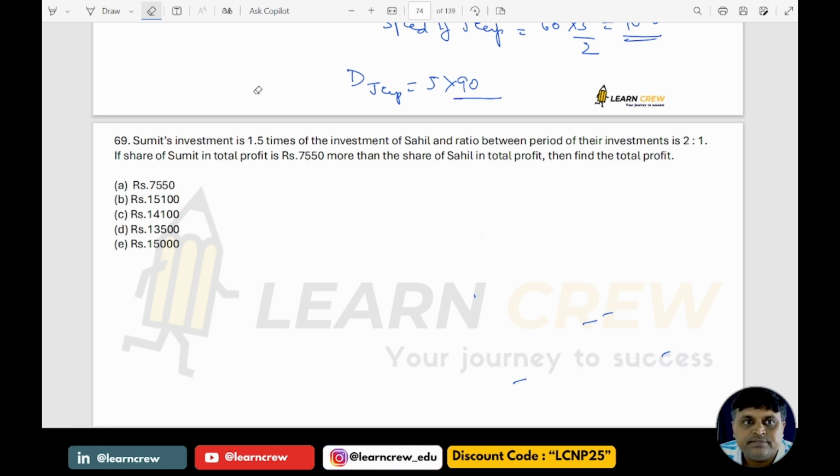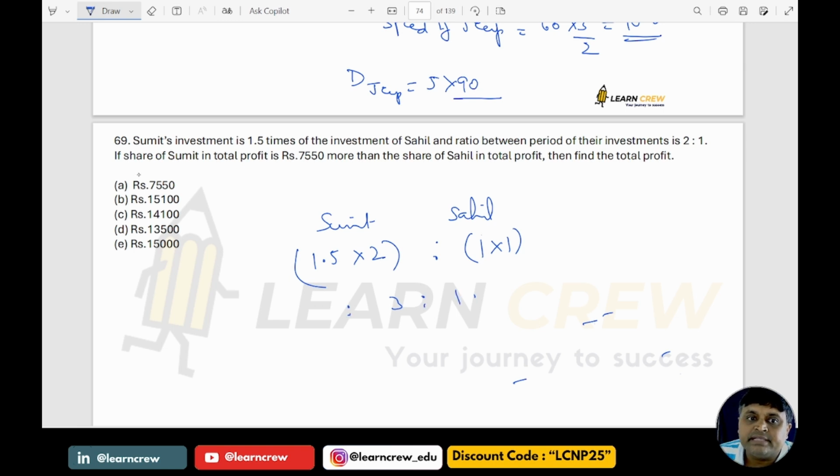It's an easy question. Sumit and Sahil. If Sahil is 1, Sumit is 1.5. The time period here is 2, and here the time period is 3. So here it is 3 is to 1. Okay. And the share of Sumit is 3 parts.